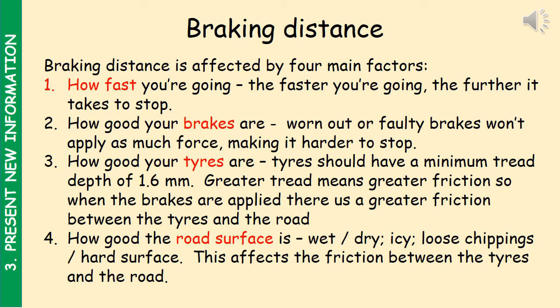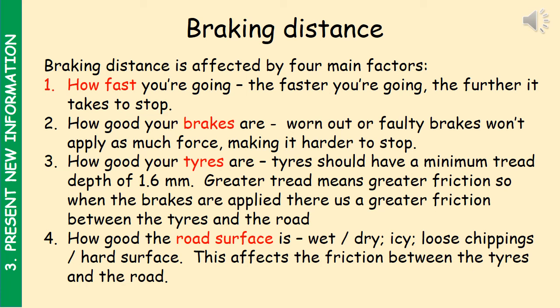So we've put the braking distance factors into 4 here. So first of all, how fast you're going. The faster you're going, the further it takes to stop. How good your brakes are. So if they're worn out or faulty, they won't apply as much force and therefore make it harder to stop.